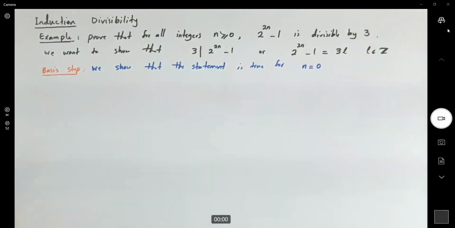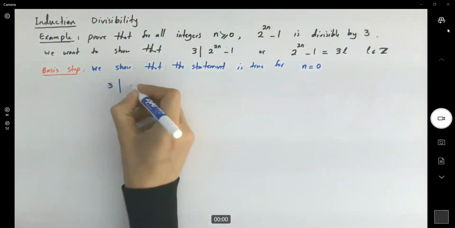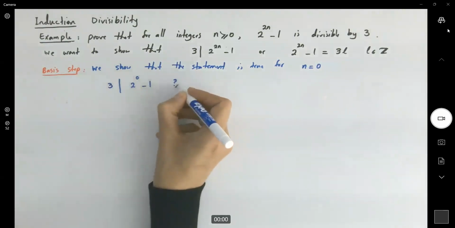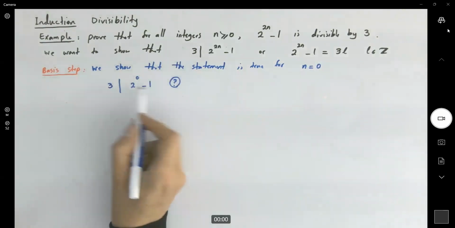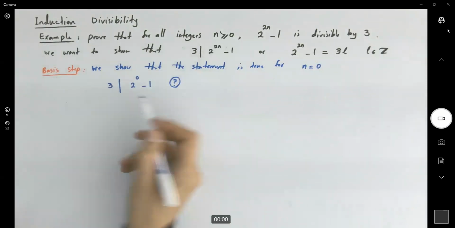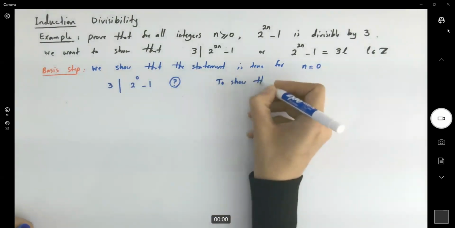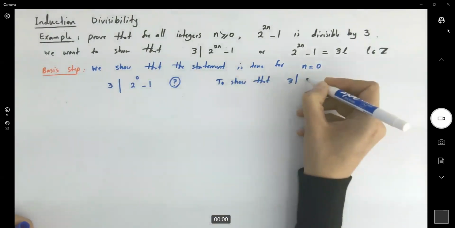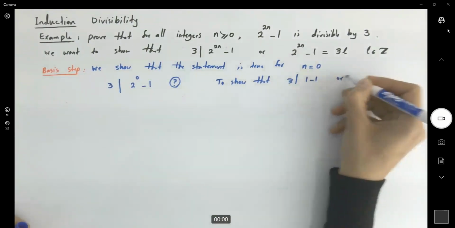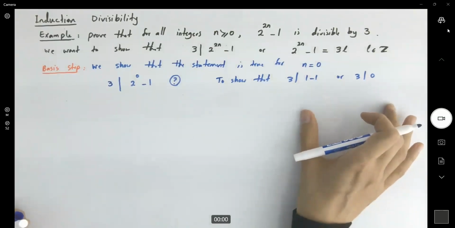So what's the meaning of that? I try to show that 3 divides 2 to power 0 minus 1. I'm going to put a question mark in front of it because I haven't shown it yet. So to show that 3 divides 2 to power 0 minus 1, 1 minus 1, or 3 divides 0, we use definition.